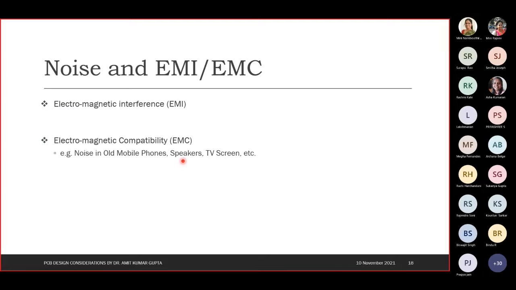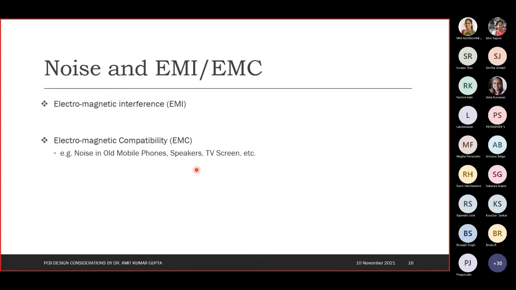All these are examples of electromagnetic interference and compatibility. That system is not really compatible in terms of EMC, so it gets disturbed. Nowadays, in advanced speakers and mobiles, such problems are omitted because they are arranged in such a way that they will not easily get disturbed by nearby devices.